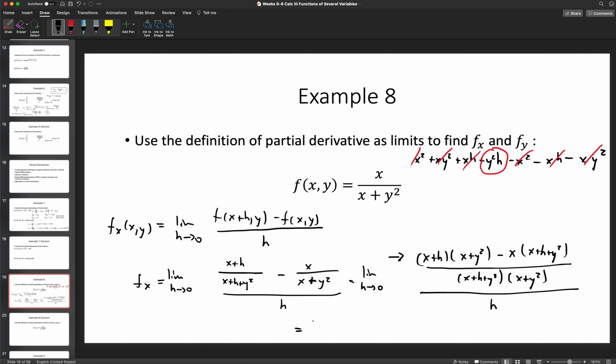So this just becomes the limit as h goes to 0 of y squared divided by x plus h plus y squared, x plus y squared. And h goes to 0, so now we can put in h as 0, and that will become our partial.